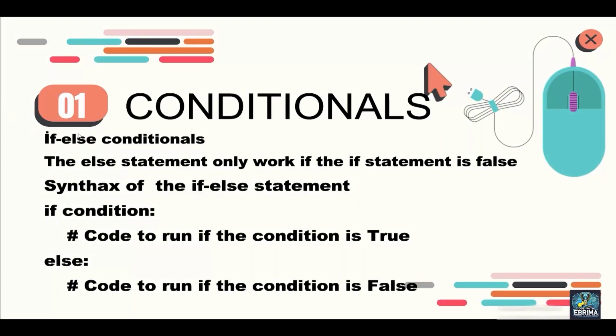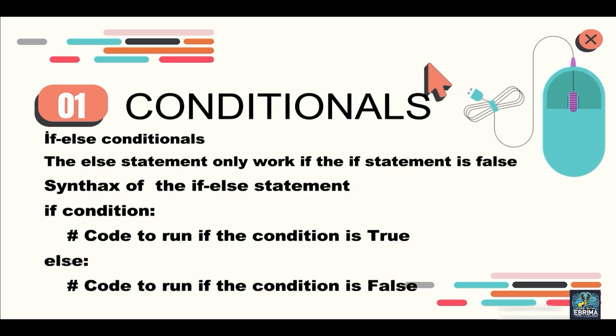All right, so now we are going to take a closer look at the if else conditionals, aka the if else statement. The else statement only works if the if statement is false. So let's take a closer look at the syntax. So now we have if, and then you type in your condition, you have a colon, and now you go inside the code block of the if condition and type in the code, and this code is only going to run if the if condition is true.